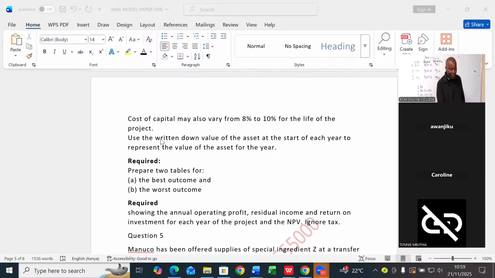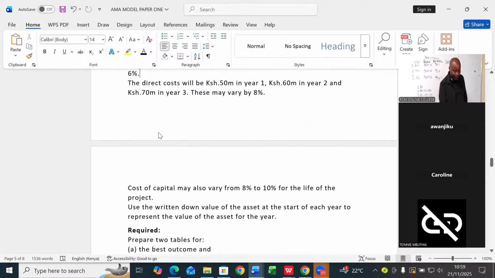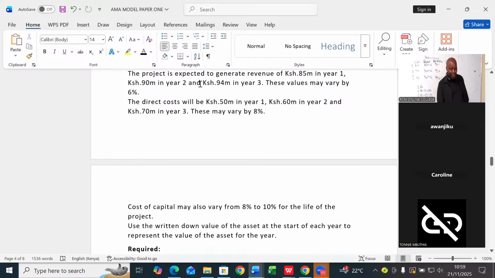So the cost that they have told us, ladies and gentlemen, is that the direct cost will be 50, 60, and 70. And this could vary by what here, somebody? By 8%. So then what is the best cost?